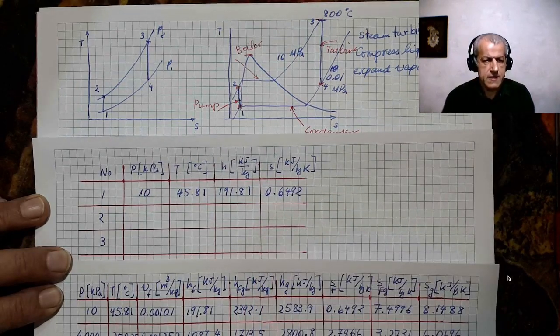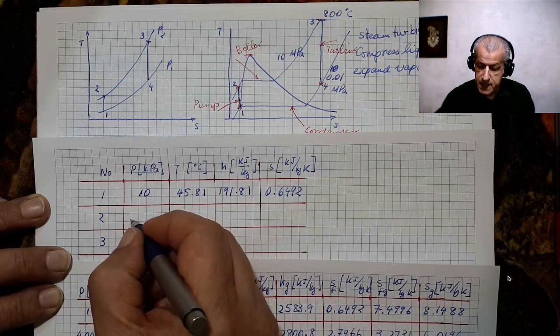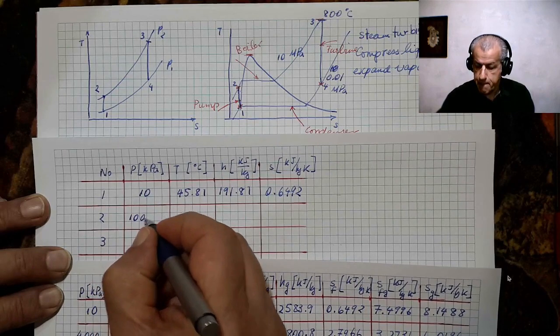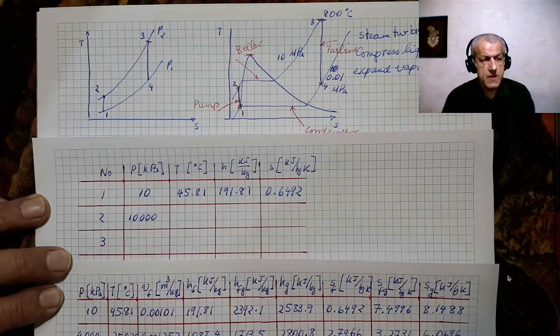0.6492, and that is all properties for point 1. Now, for point 2, we don't know much. All we know is that the pressure is 10,000 kilopascals, 10 megapascals. We don't know its temperature.